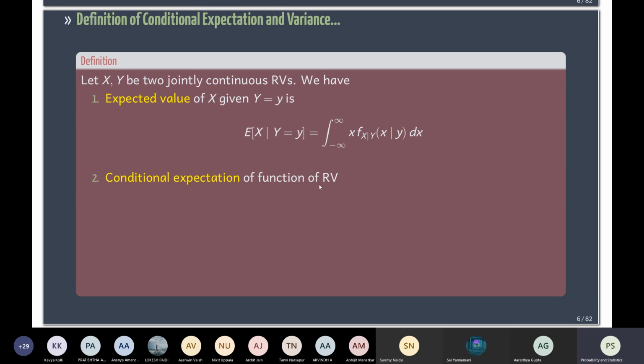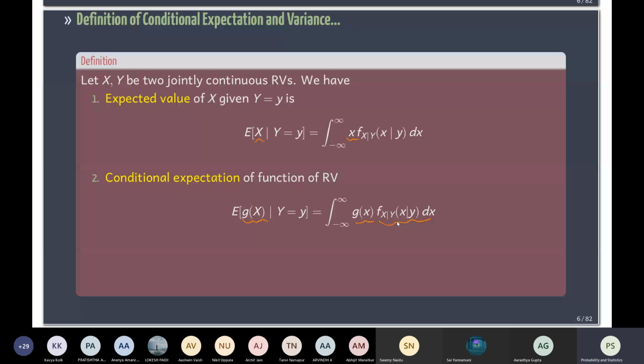Conditional expectation of a function of the random variable: similarly, we can extend this idea to a function of the random variable. This was just the random variable, here is a function of the random variable. So in place of x, now you have g(x), and you just put the conditional PDF here. You don't have to put f of g(x) given y or something like that.